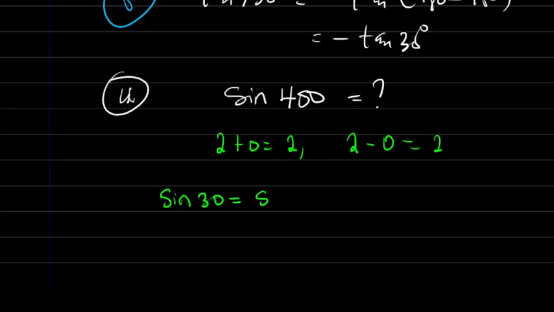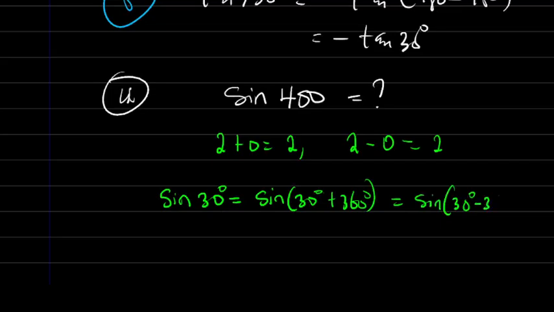Sine 30, you can check this on your calculator. Sine 30 is the same thing as sine of 30 degrees plus 360 degrees. It is still the same thing as sine of 30 degrees minus 360 degrees, because this is 390 degrees and this is minus 330 degrees.